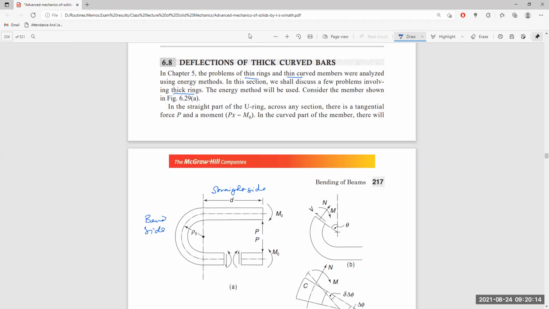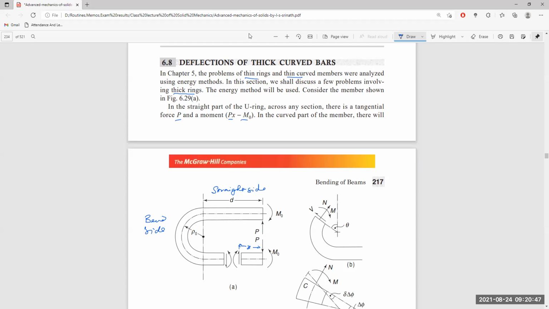Now, the tangential force which is generated here will be equal to the external tangential force P, but in the opposite direction, and the moment generated will be P into X, meaning if the distance is X, then P into X will be the moment acting in the clockwise direction, and the external bending moment M0 is acting in the anti-clockwise direction. That is, this is kept as negative and this is kept as positive.